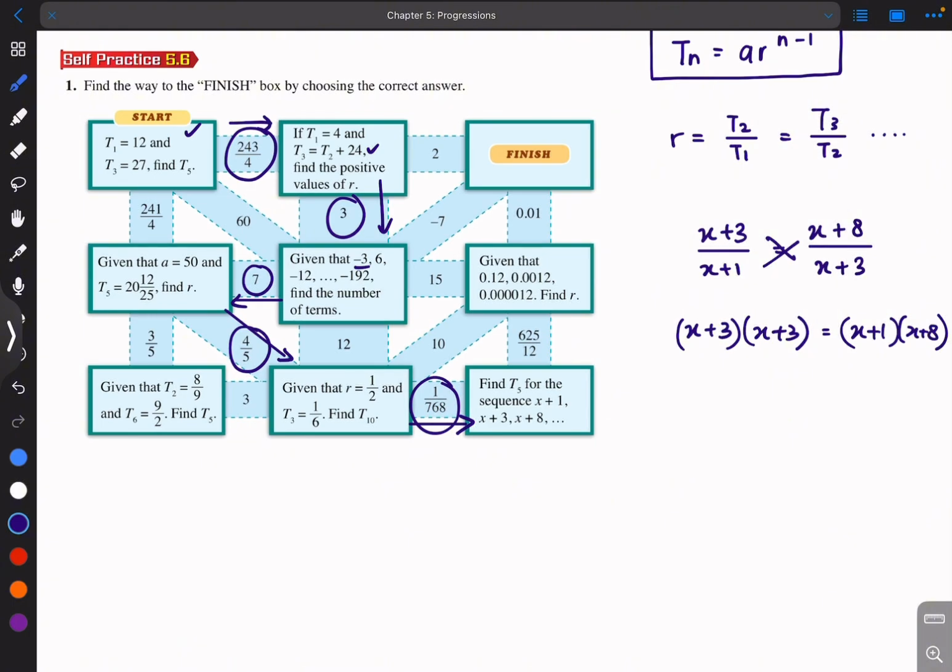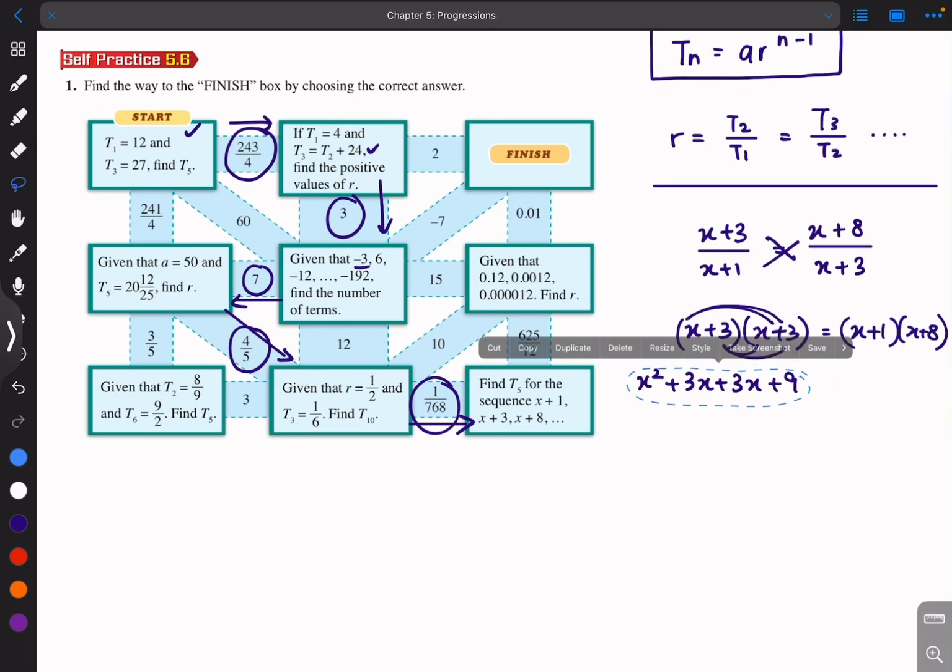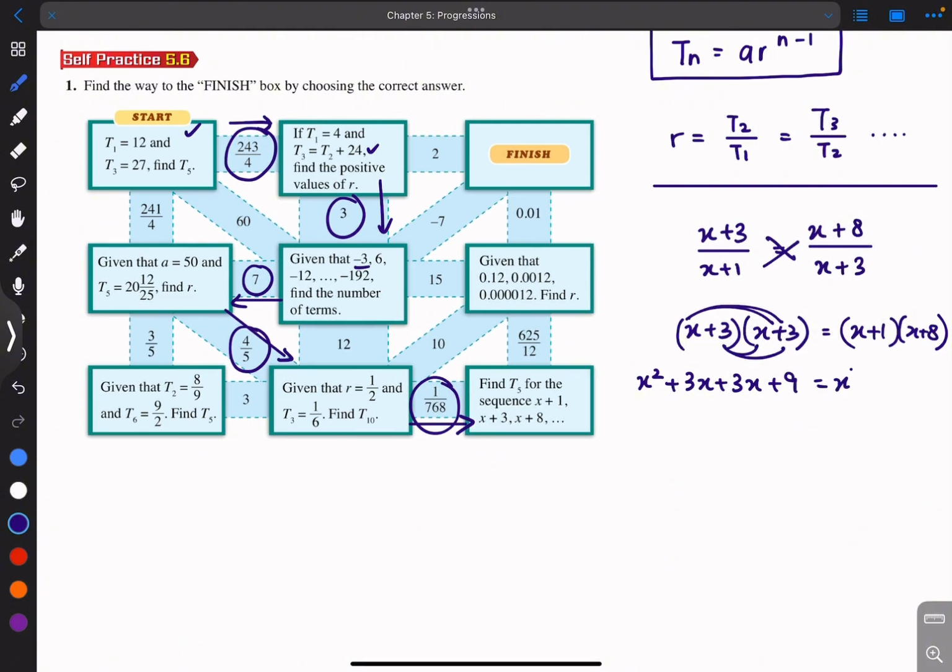Then we expand. x times x is x square, then 3x, 3x, and 9. On the other side, x times x is x square, then 8x, then 1 times x is x, then 1 times 8 is 8.